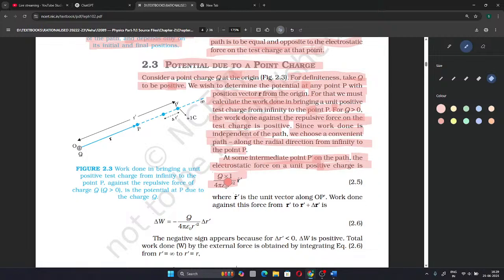Let's read the paragraph again. Consider a point charge Q at the origin. For definiteness, take Q to be positive. We wish to determine the potential at any point with position vector R from the origin.